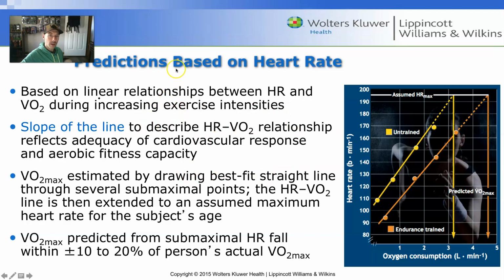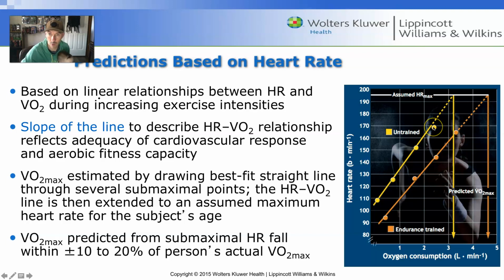Now again, we use heart rate to determine what the VO2 max is. Imagine this graph kind of shows it. Say that we're going to have a couple exercise stages, and we're going to measure the heart rate during that stage, and we get a couple data points here. So what we would do is we would stop the test at an appropriate heart rate.